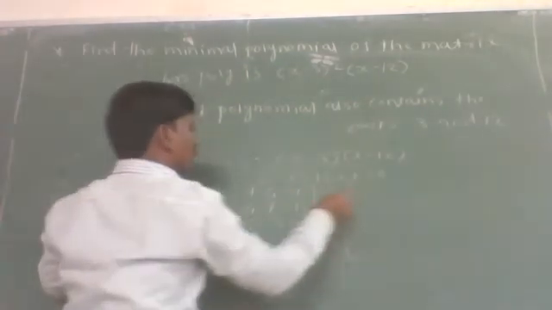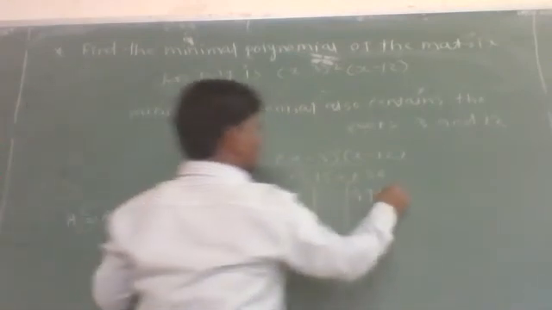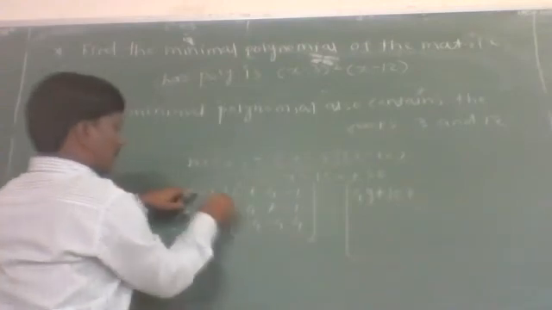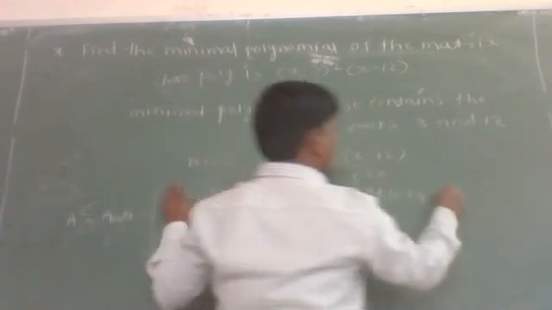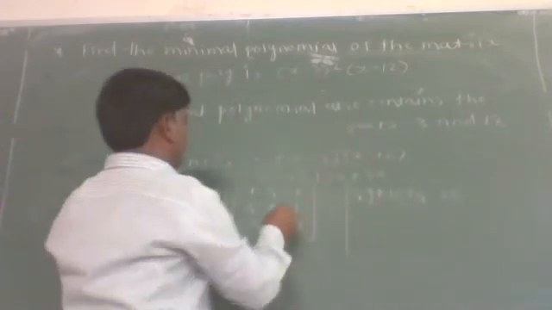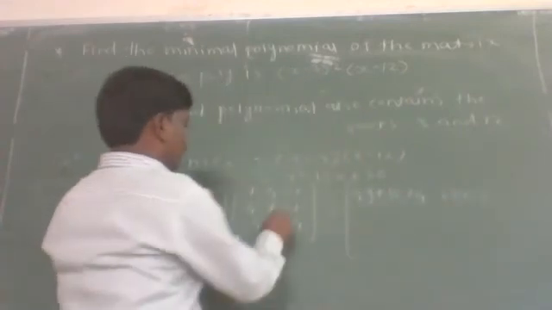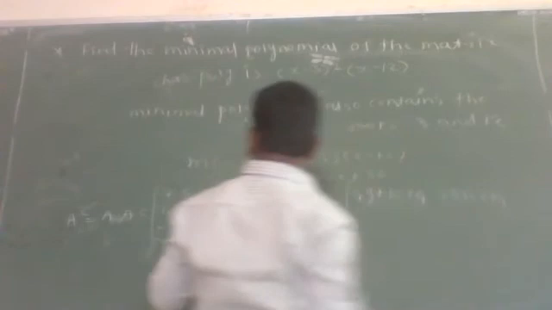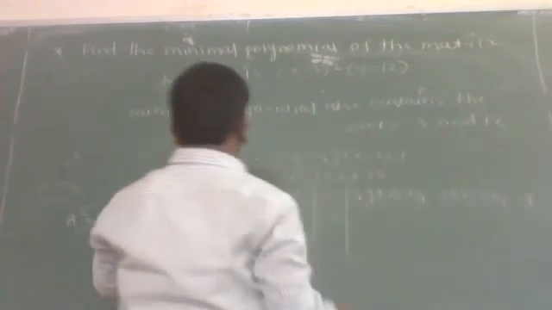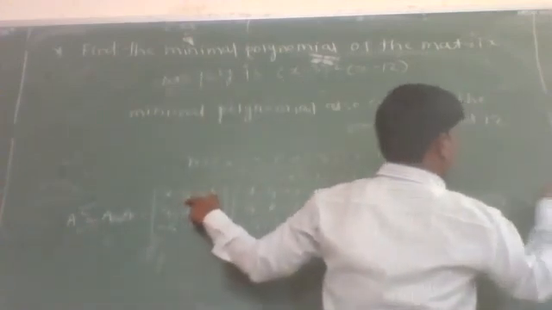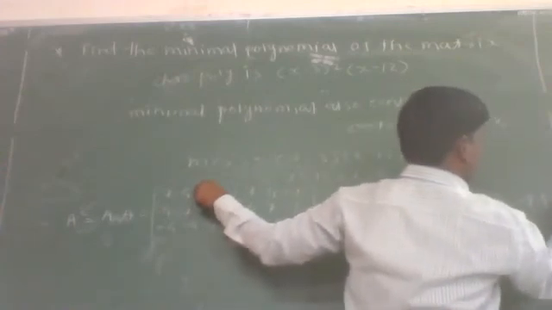7 into 7, 49, plus 4 into 4, 16, plus minus 1 into minus 4, 4. Okay, 7 into 4, 28. 4 into 7, 28. Minus 1 into minus 1, plus 1. 7 into minus 1, minus 7. 4 into minus 1, minus 4. Minus 1 into 4, again minus 1.